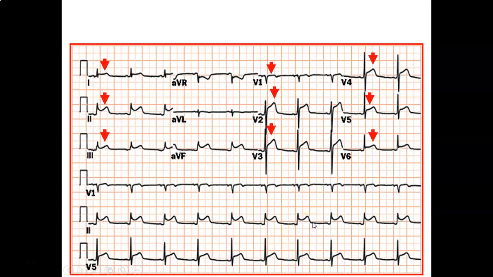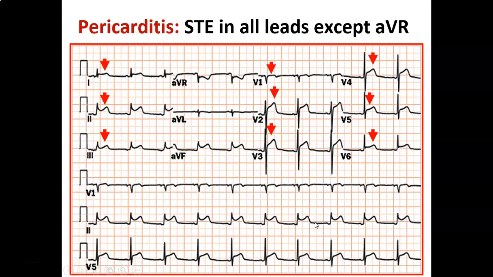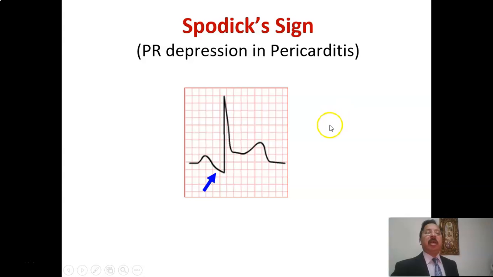So this is your pericarditis, and in pericarditis you will see ST segment elevation in all the leads except AVR, and also another feature you can see is PR depression, which may be seen with pericardial diseases, pericarditis, and this PR depression in pericarditis is called Spodick sign.